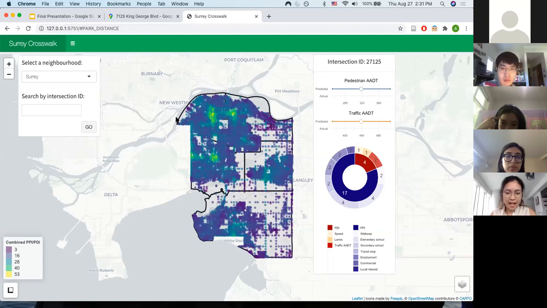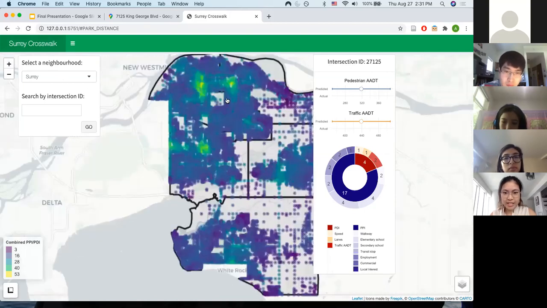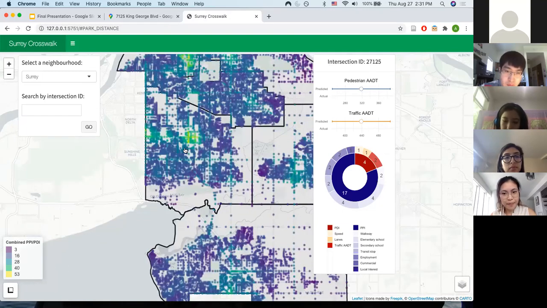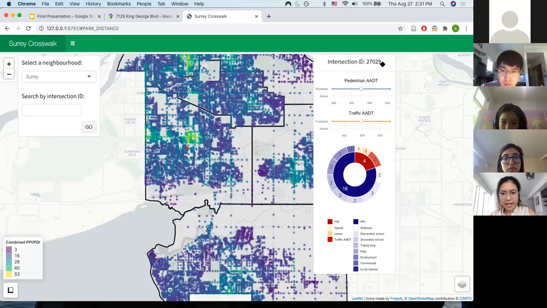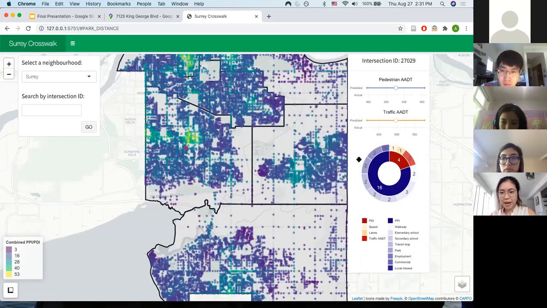The black lines are the border of Surrey, and each dot you see here is a distinct intersection. For each intersection, you're able to click on it, and there will be an interactive pie donut, or double donut chart, if you may. The blue here is the PPI, or potential index score, and around it are the variables that make up the score. And they are in order, so you can match these together.